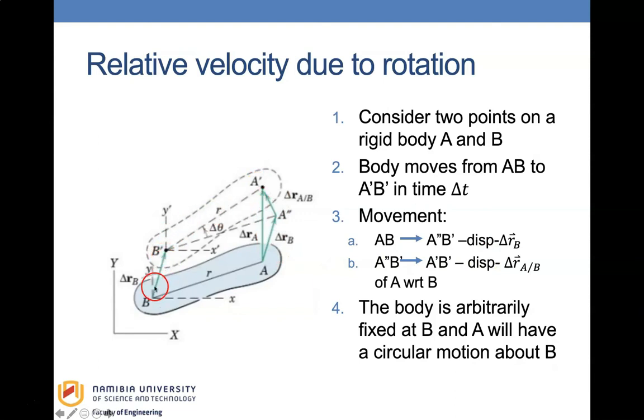The total movement of the line AB to A prime B prime is indicated by this vector, and it's a combination of the vector R A with respect to B and the vector del R B.